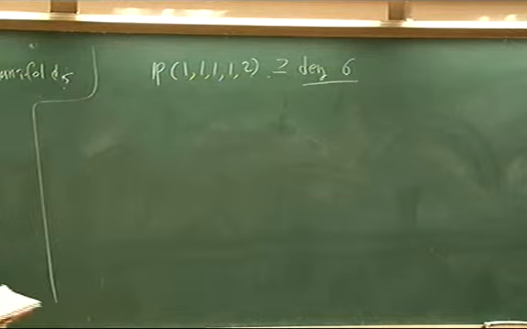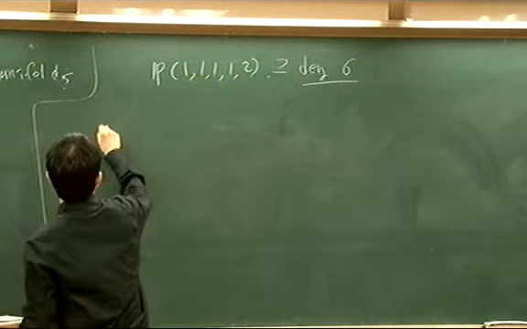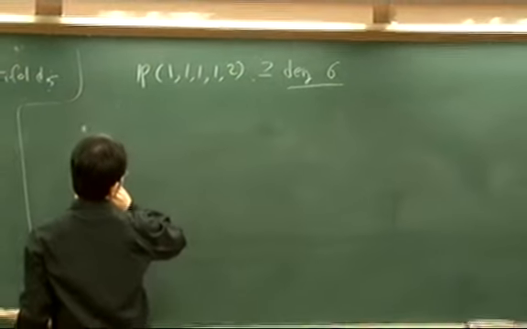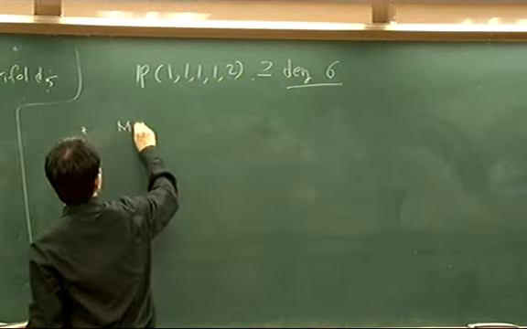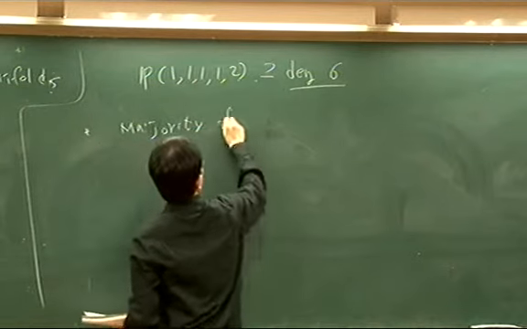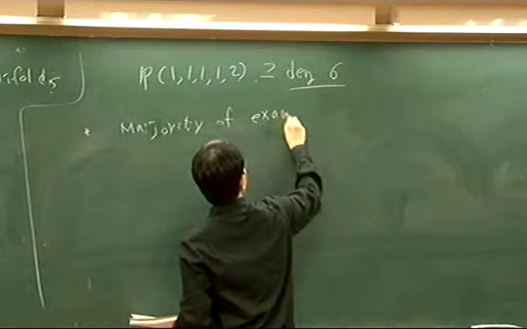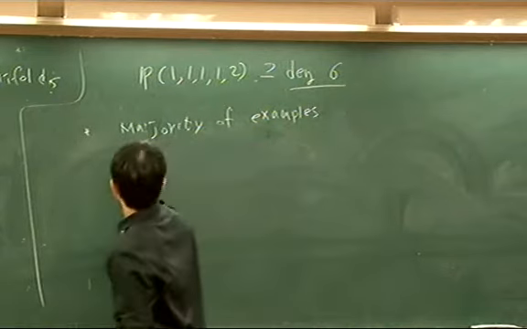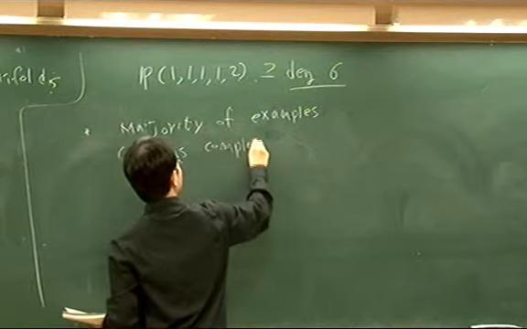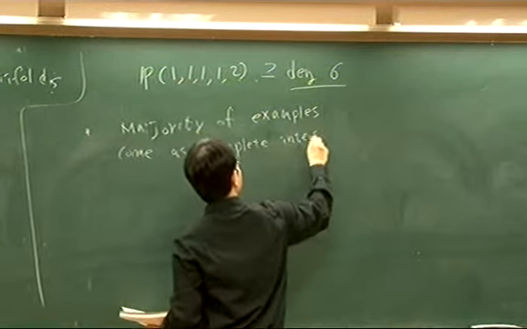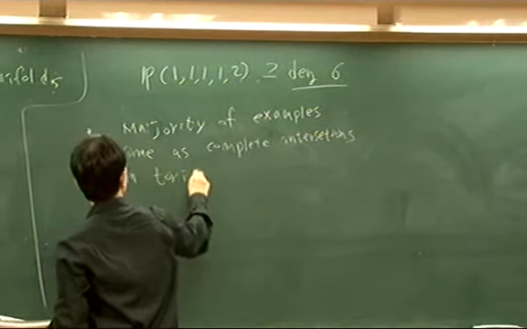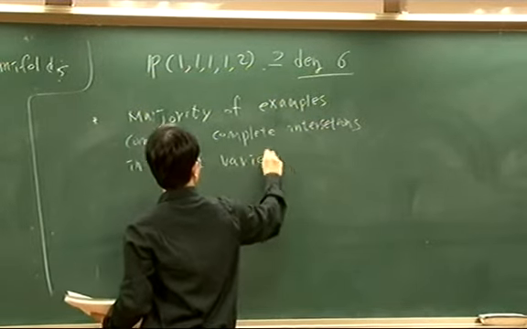Okay. Or you can think of it like this: the majority of examples come as complete intersections in toric varieties.